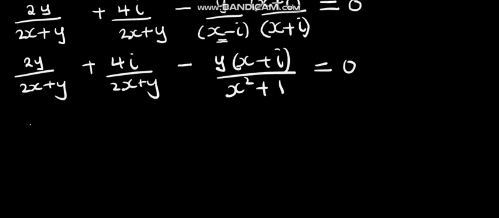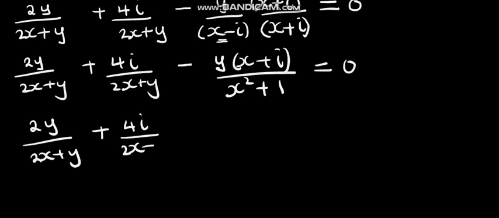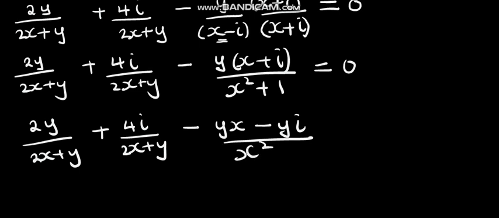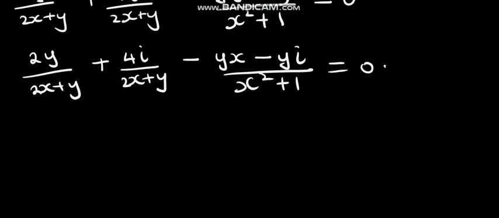And now we shall have 2y/(2x + y) plus 4i/(2x + y) minus (yx − yi)/(x² + 1), it will be equated to 0. So now what we are going to do, we are going to equate the real parts to real parts and imaginary parts to imaginary parts.